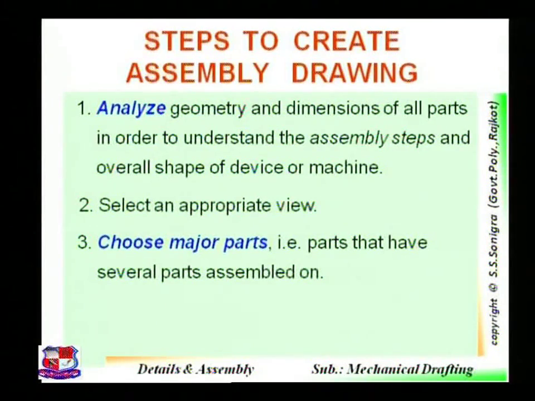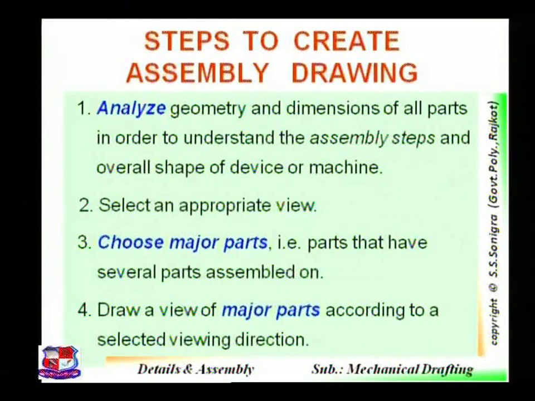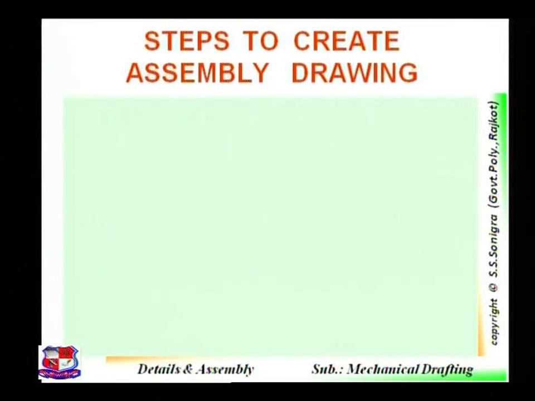Which view would be more usable or clearer to the viewer. And the third thing, choose major parts, which is the main part or parts that have several parts assembled on it. It should be selected. The fourth one, draw a view of major parts according to the selected viewing direction.